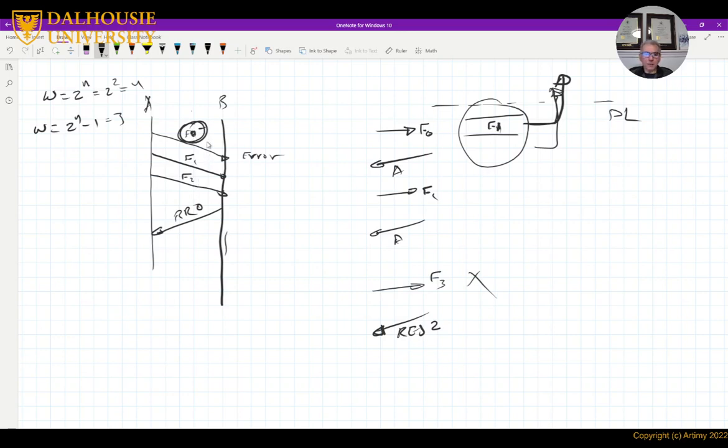Because if all of these were received correctly, B would be sending RR3, not RR0. So in this case, because of the go back N, A will start sending frame 0 again, and then frame 1, and then frame 2.